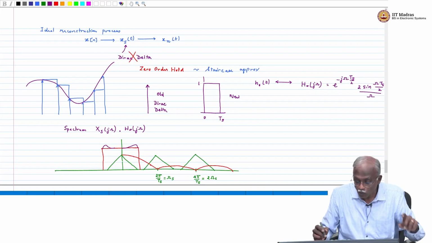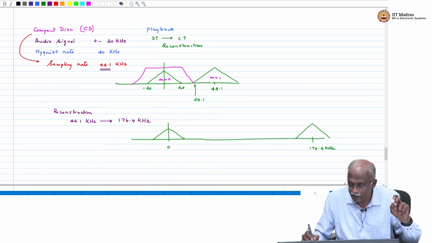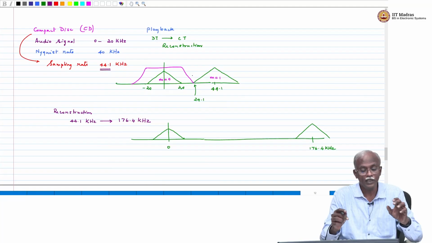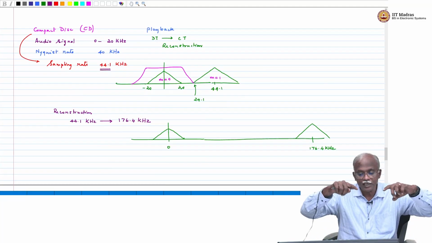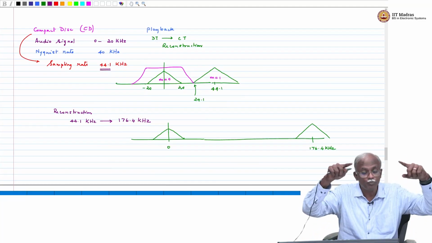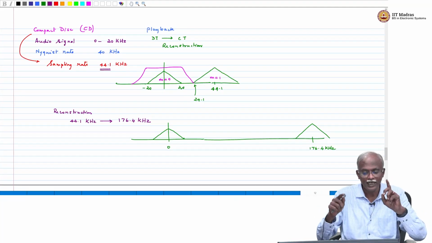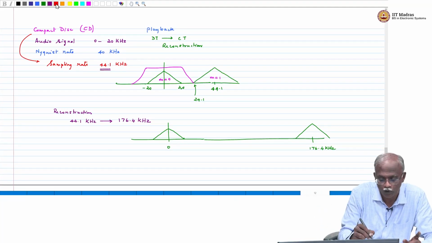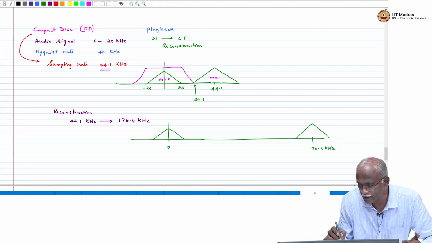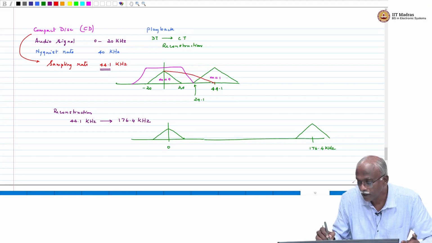Okay. Now, when you have the gap, notice that you have the ability to do this pre-distortion or distortion compensation that is introduced by the 0th order hold, because the 0th order hold in this case will go something like this. Okay, and it will go to the next point.